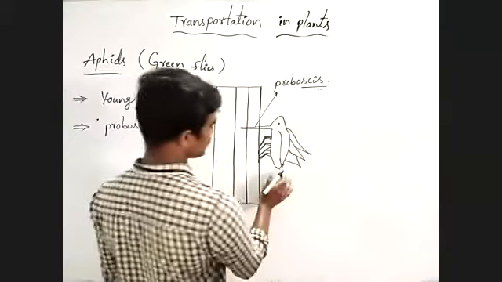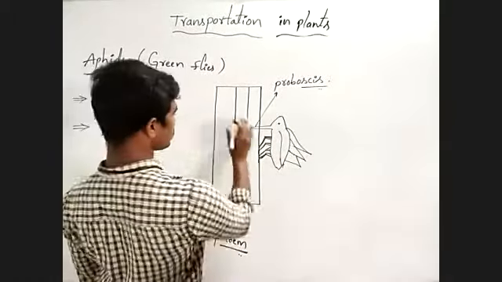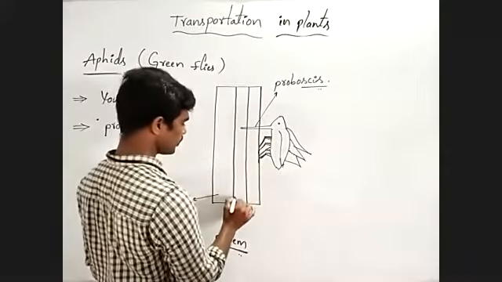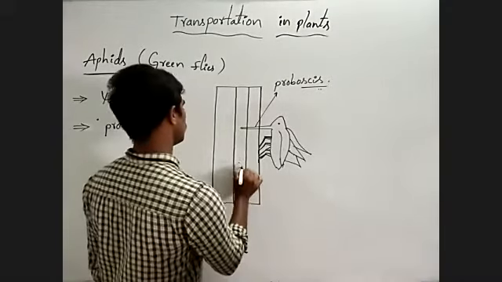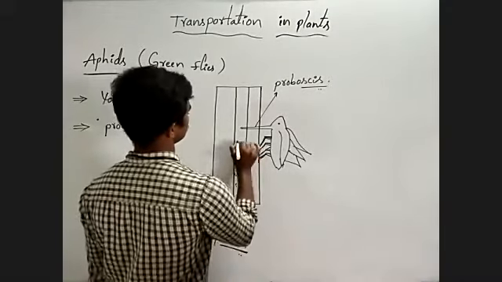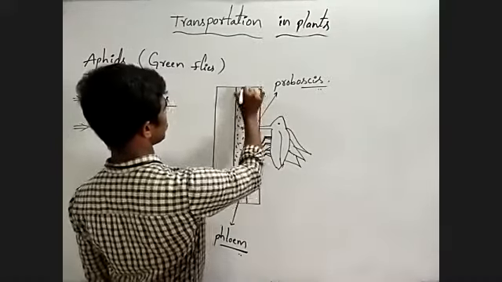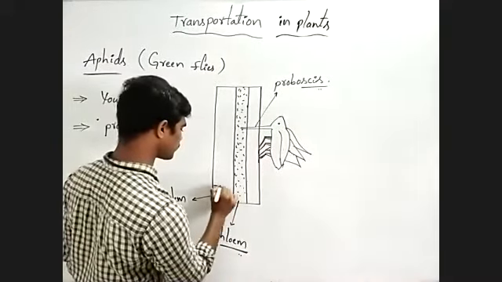Here, the insect is sucking the food material from the plant. Inside the phloem, food material is transported like this. Here xylem means water.